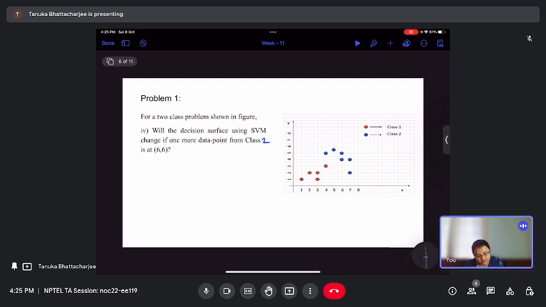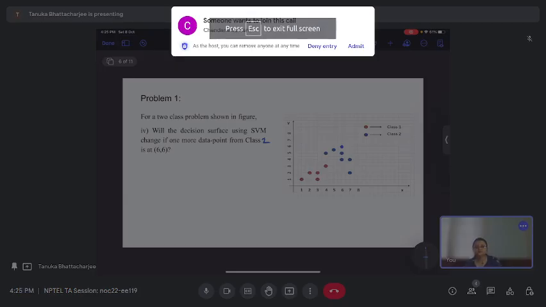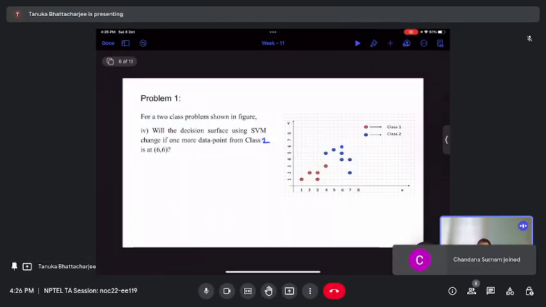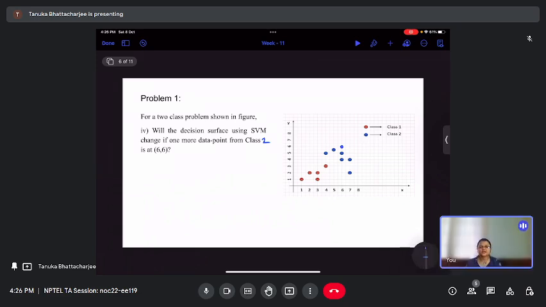So, this is 6, that means you have one more blue point over here. If there is one more blue training sample or class 2 training sample at the point 6, 6, then will the decision surface change or not?